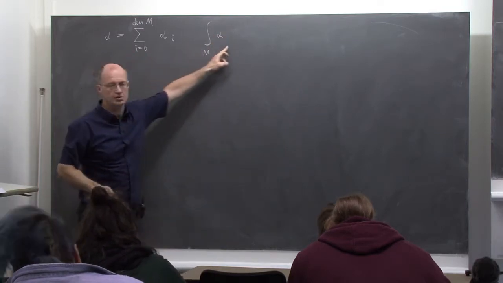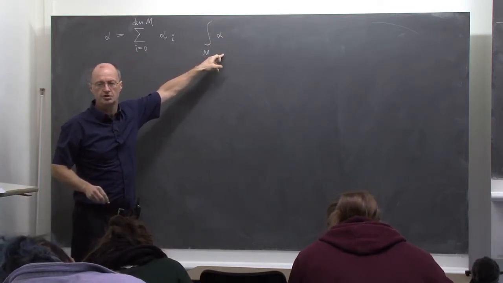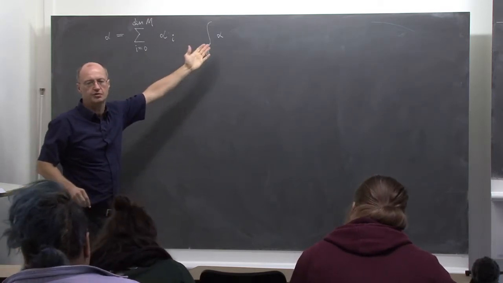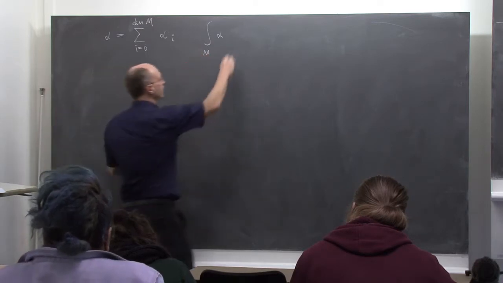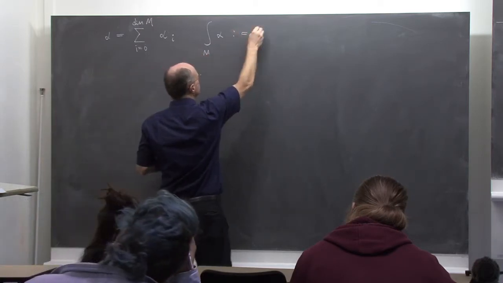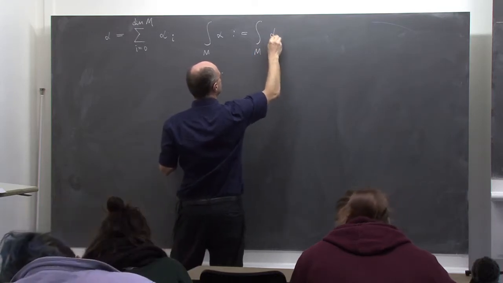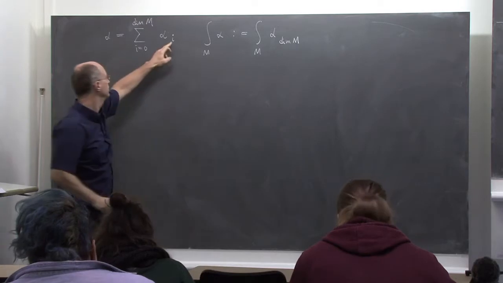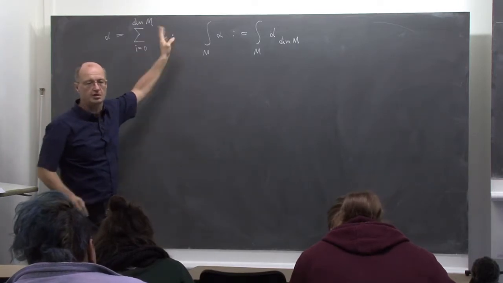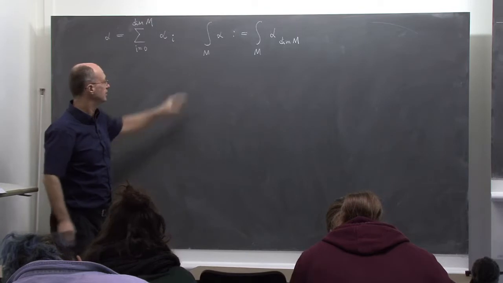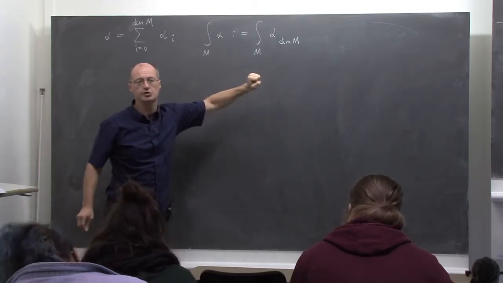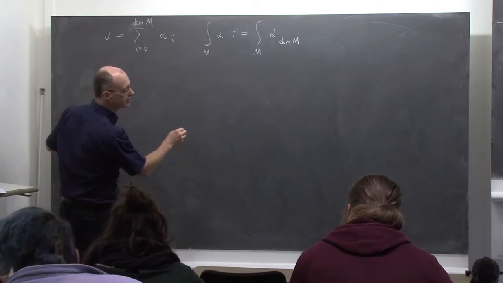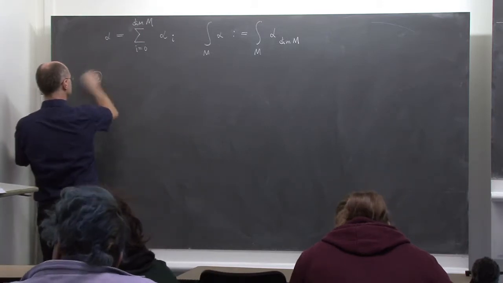So usually we don't integrate forms of degree smaller than the dimension of M over M, but we can also very well do it just by assuming that by definition this is the integral of the dimension-M component. So all the other components, we simply assume that the integral vanishes on them. So let's use this notation and let's introduce property 3.